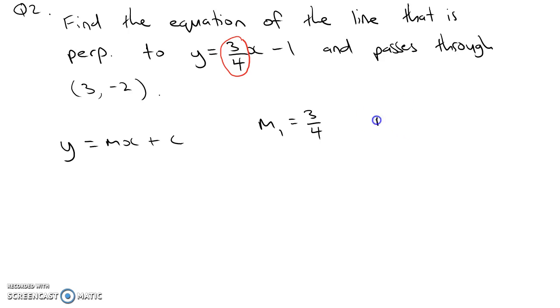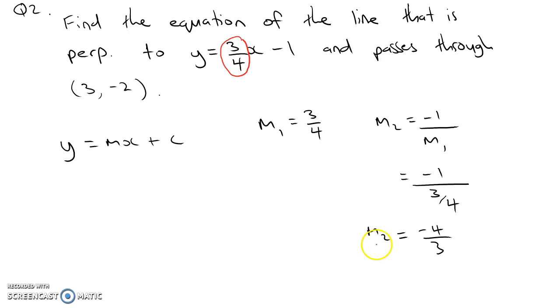So we know m2 needs to equal -1 over m1, which equals -1 over 3 over 4, which will give us -4 over 3. So straight away we've got our gradient of the second line, -4 over 3.